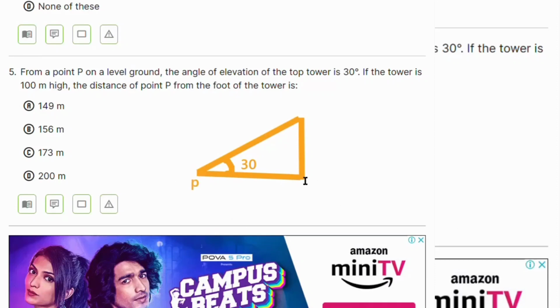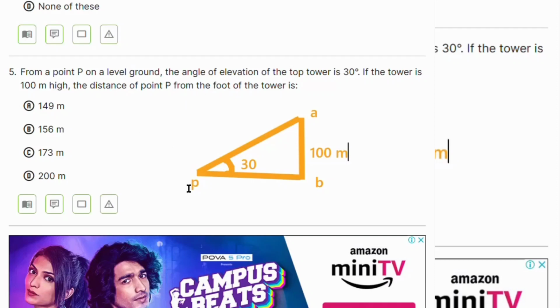We will take these two as A and B, and the tower is 100 meters. So we have to find this PB distance here.